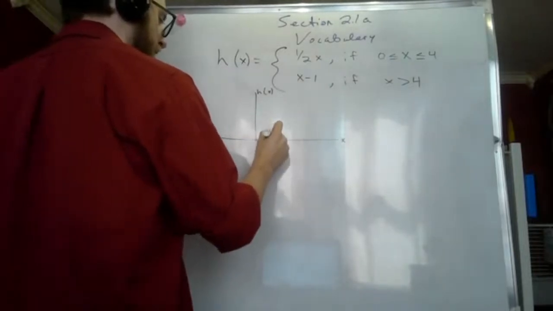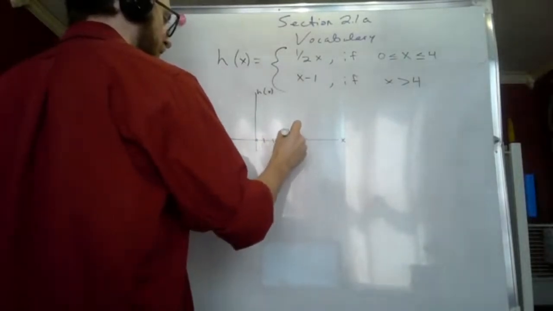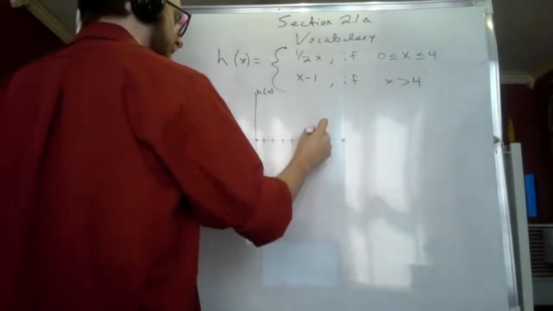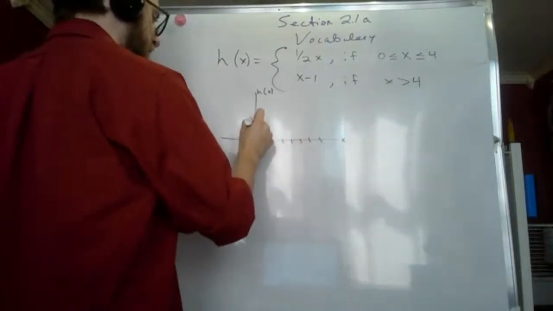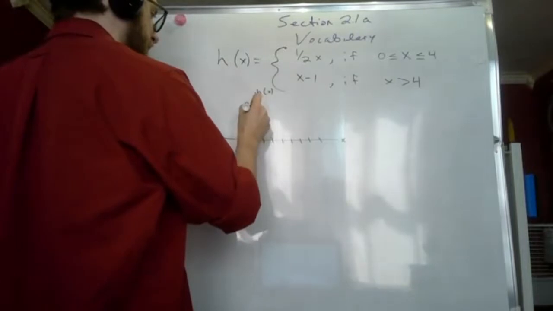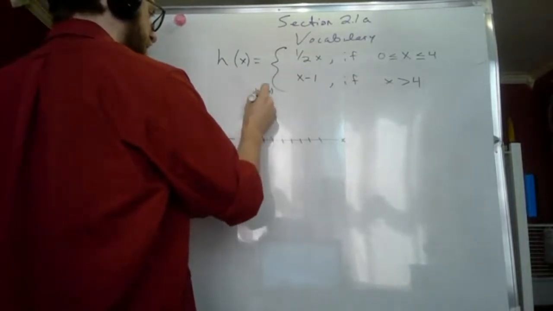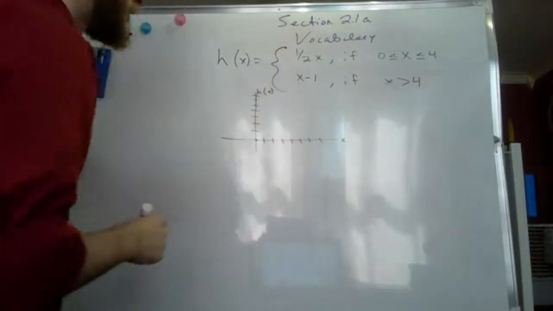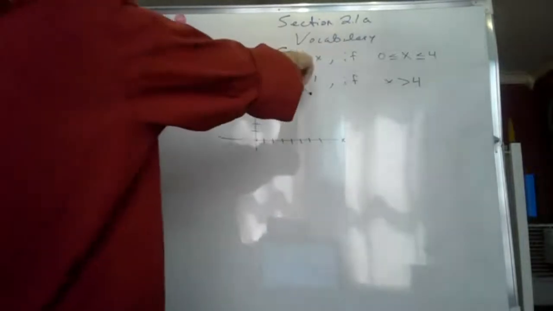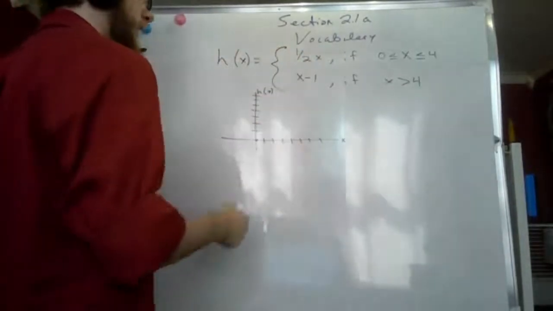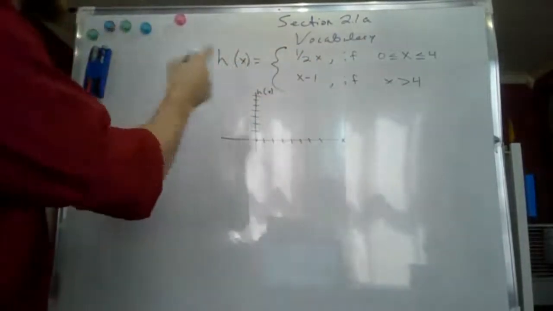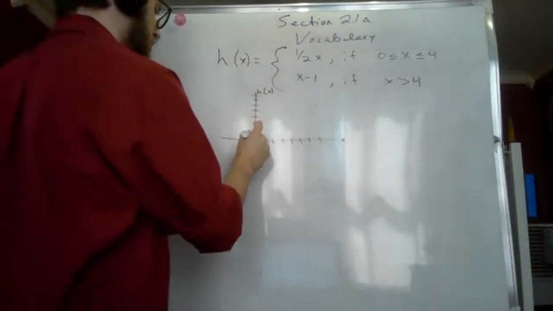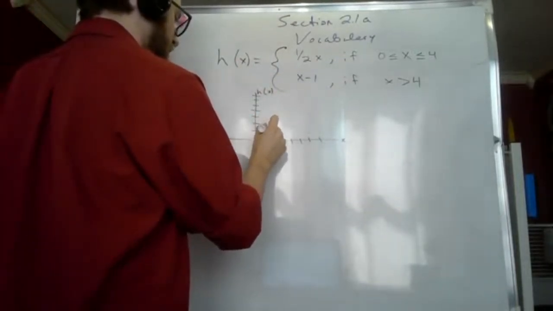So here's 1, 2, 3, 4, 5, 6, 7. So this has got a slope of 1/2. So that's a rise of 1, run 2.